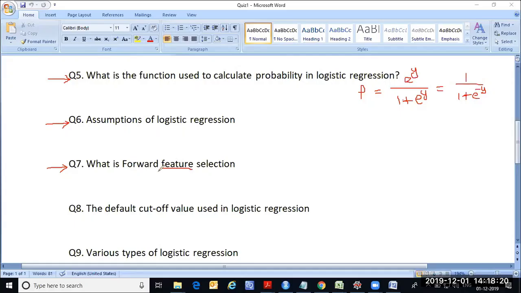In multiple linear regression, we discussed forward feature selection, when we compared multiple R-squared value and adjusted R-squared value.